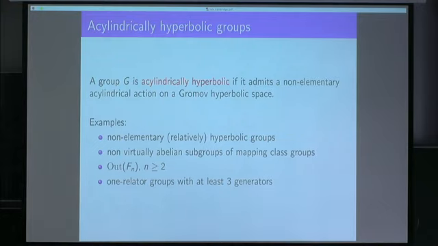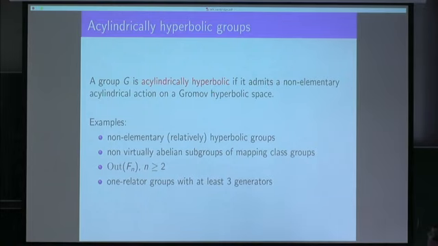Suffices to say that it is a huge class of groups, which includes non-elementary relatively hyperbolic groups, most mapping class groups, and most subgroups of mapping class groups, Out(Fn), and one-relator groups with at least 3 generators. So it's a huge class of somewhat negatively curved groups.